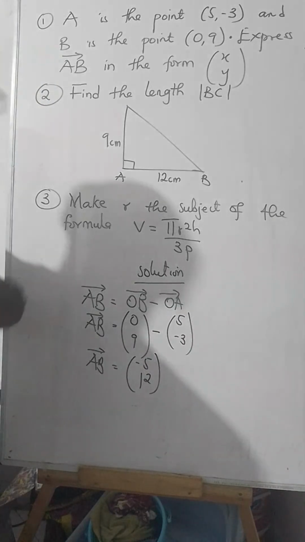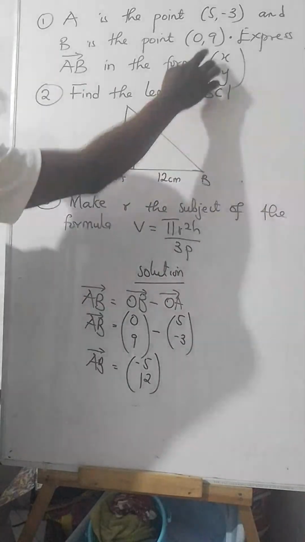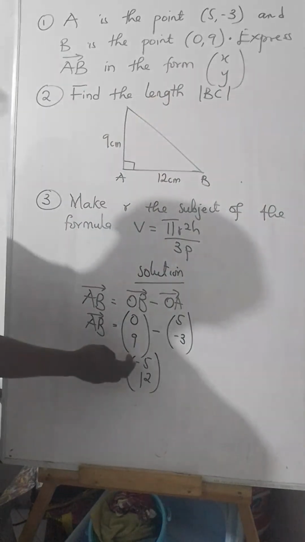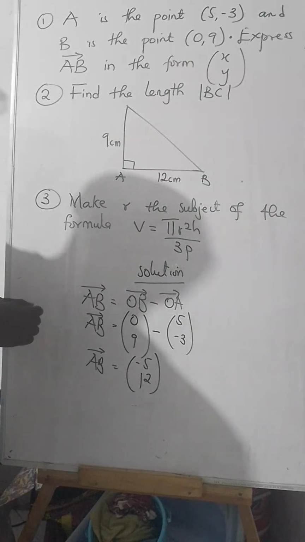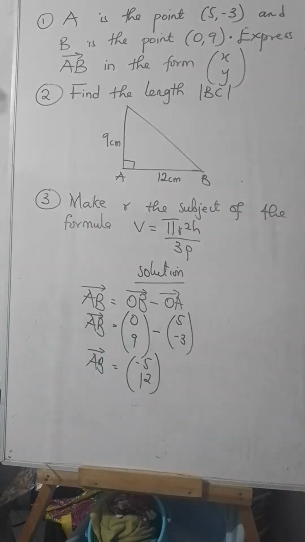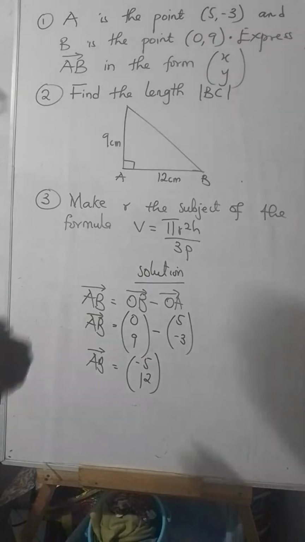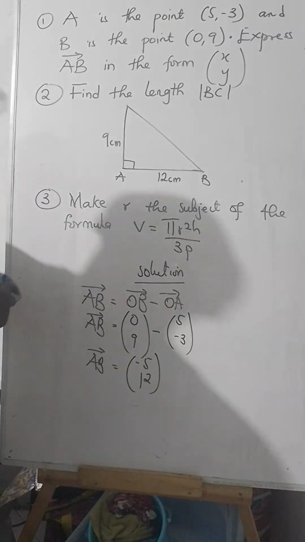So in this case, you have been able to express AB in the form xy. So your x is -5 and the y is what? 12. So that is a very simple question right there. Good. So we want to look at the next question here.